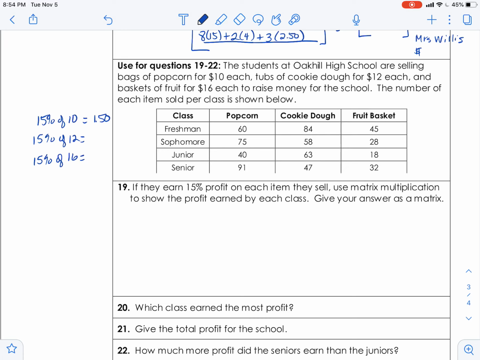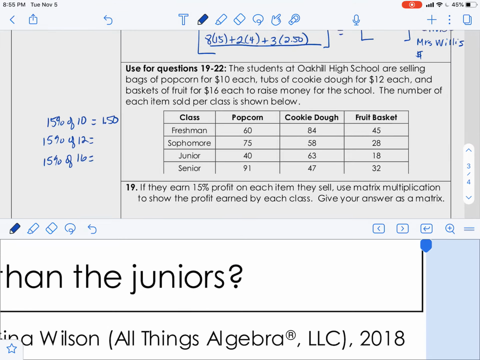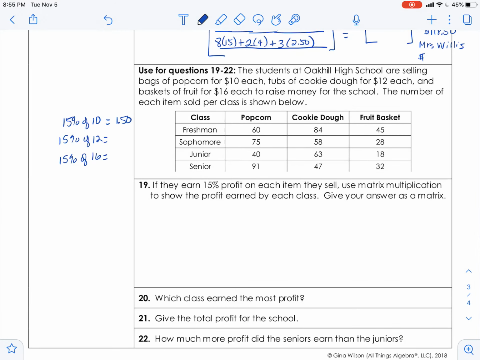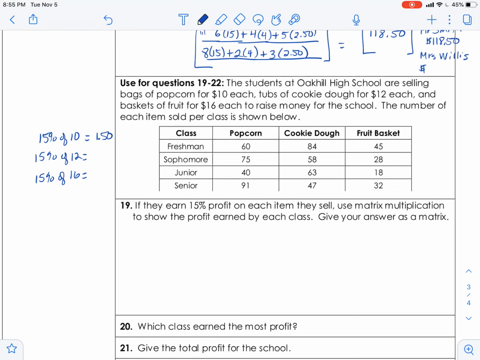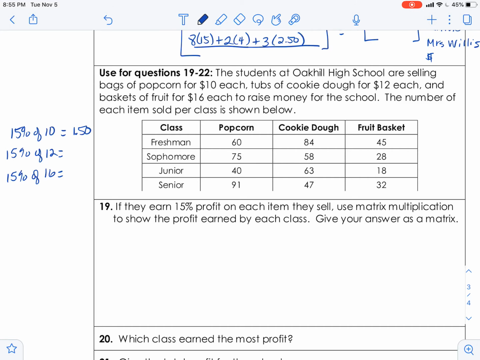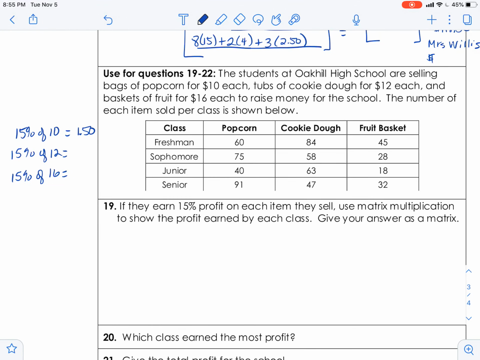So figure out real quick what each of those would be. Remember that'd be 0.15. So that would be $1.80 for cookies, and the fruit basket would be $2.40. So that's their profit that they're going to make.